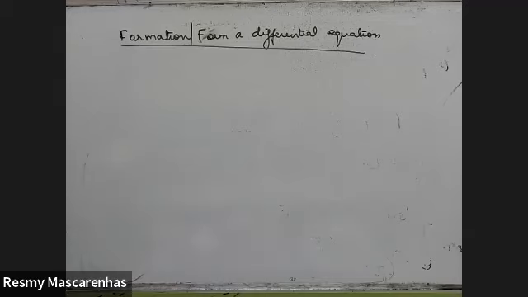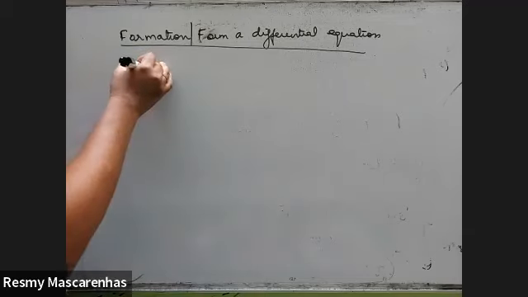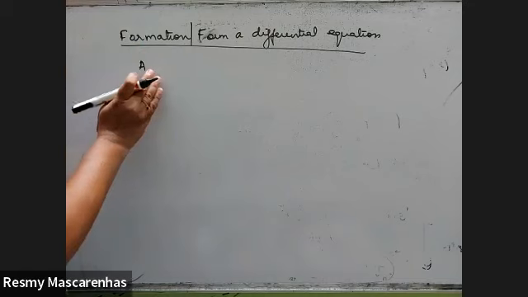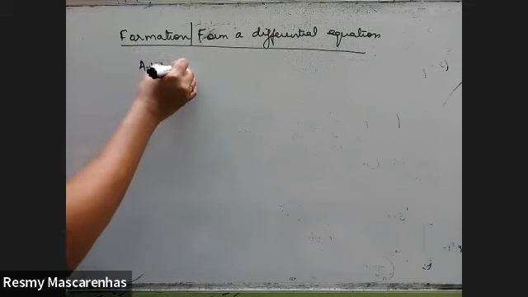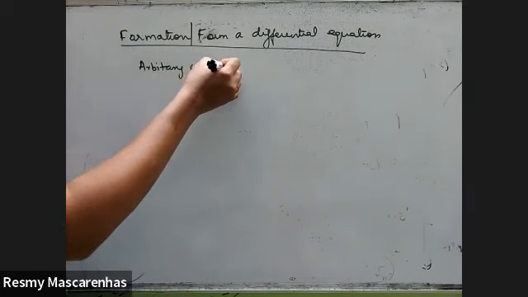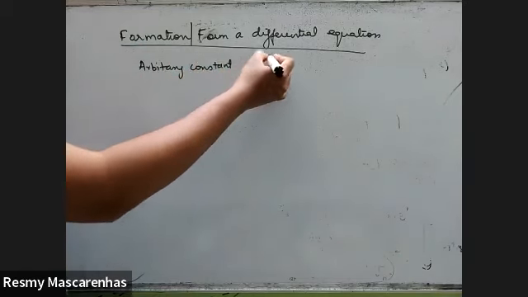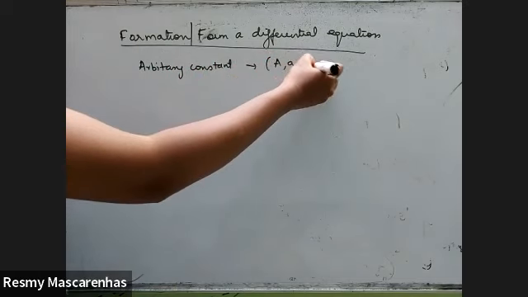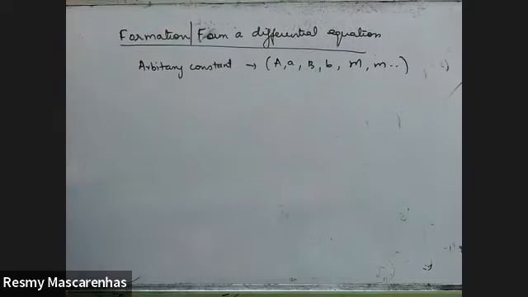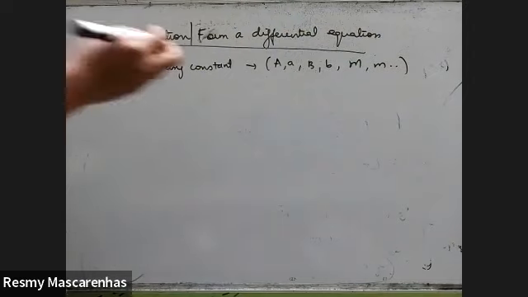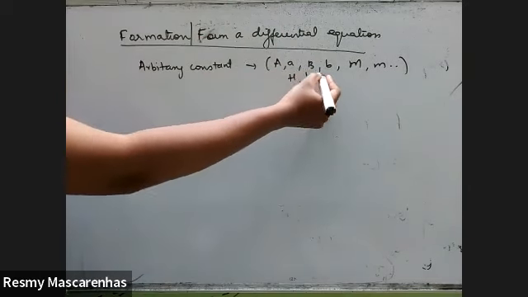For this, you have to know that there will be something called arbitrary constants. They are the letters A, capital A, small a, B, M, capital M, small m. These are called arbitrary constants. It could be capital H, small h, anything.